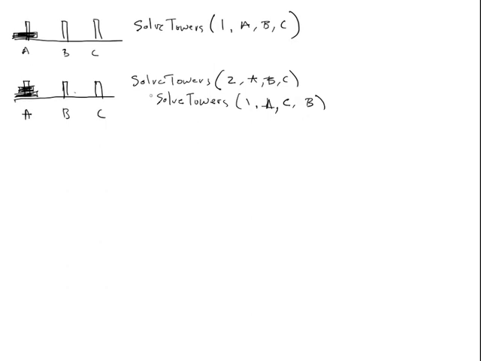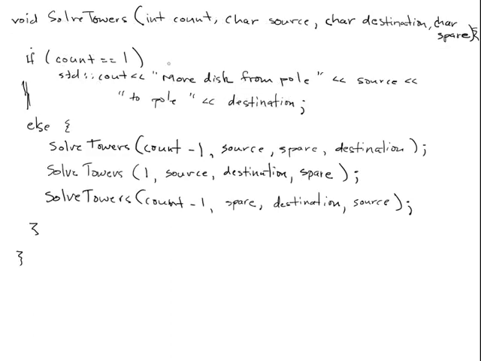All right, so this call right here, we'll call it a little 1. So we know that that is 1. All right, so now what happens? Our code stops on that move pole. Perfect. So now we have this call right here, and this is solve towers 1, source, destination, spare.